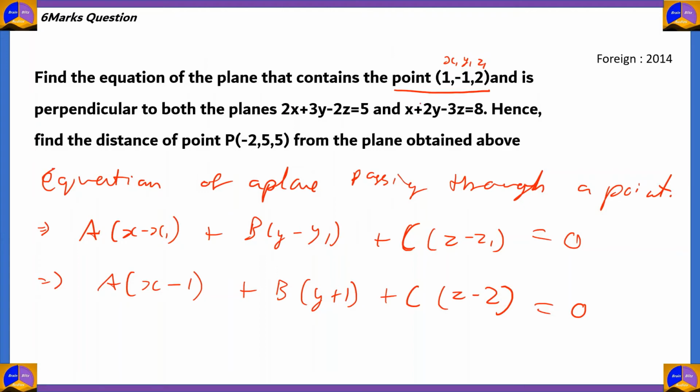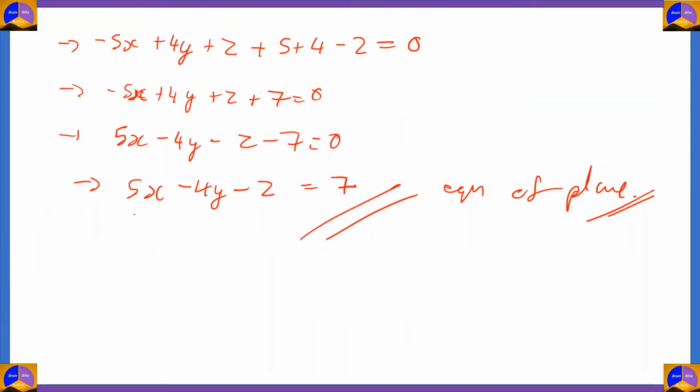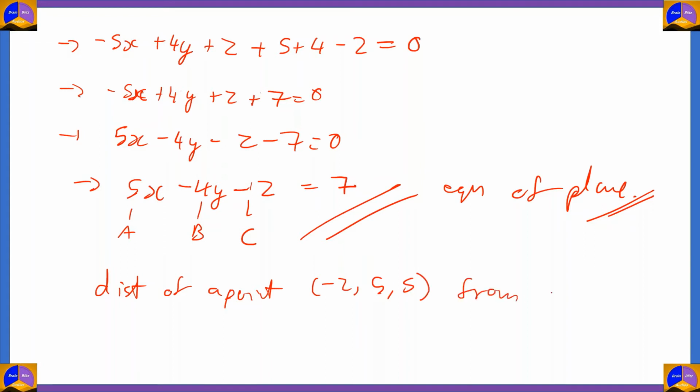And now we need to find the distance of the point P (-2, 5, 5) from the plane obtained above. So again, A, B, and C. Now we use the formula for distance of a point, in this case (-2, 5, 5), from the plane 5x minus 4y minus z equals 7.